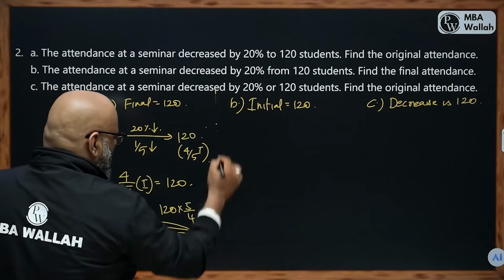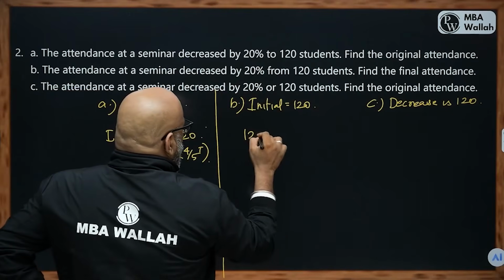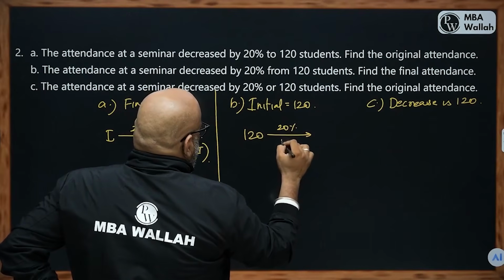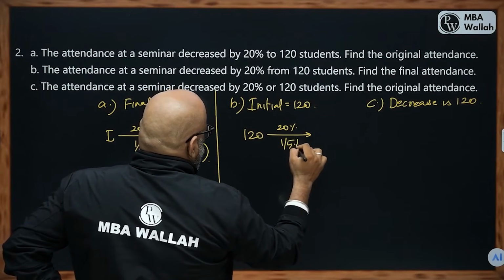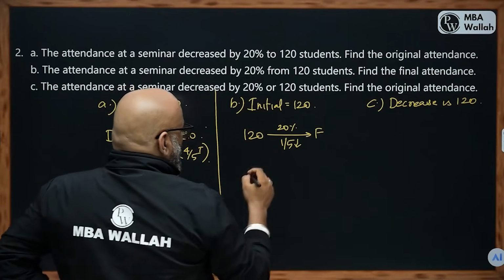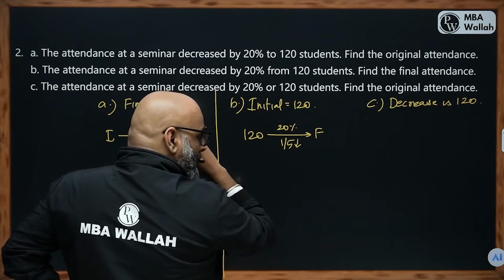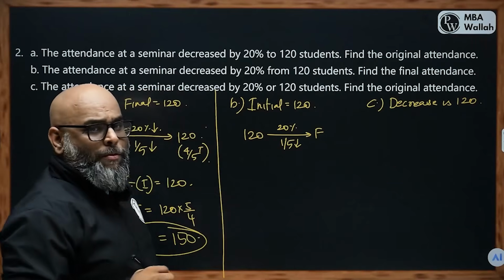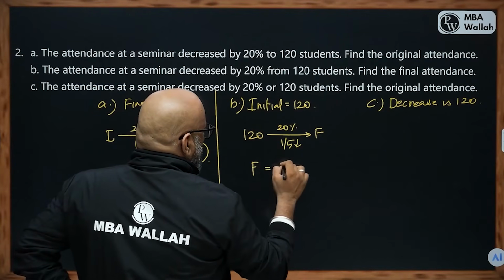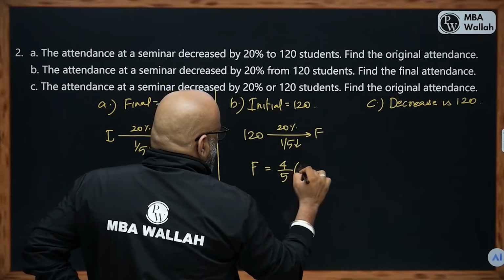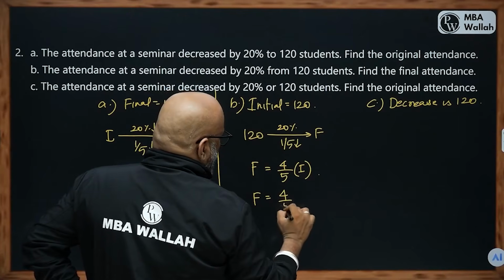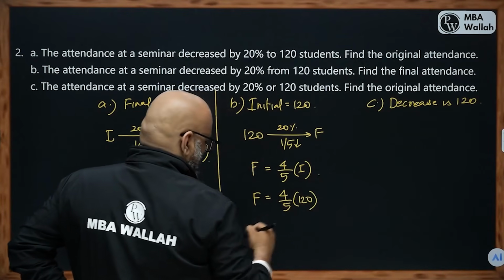When you look at the second case, 120 were there, it has gone down by 20%, which is a 1/5 decrease. So I need my final attendance. So I can say 1/5 gone means my final would be 4/5 of my original value. My final value will be 4 by 5 times my initial value, or my final attendance is 4 by 5 times 120.